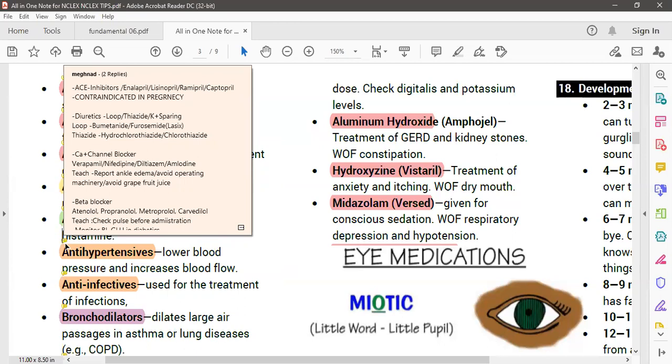All of them are antihypertensive medication. Let me explain one by one.